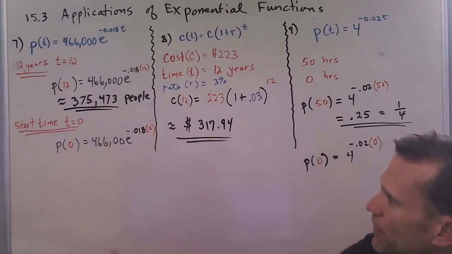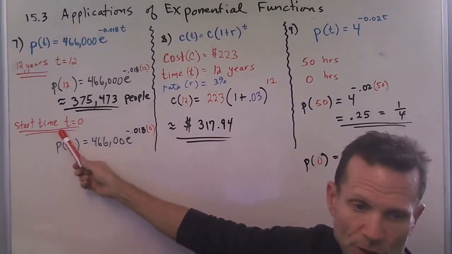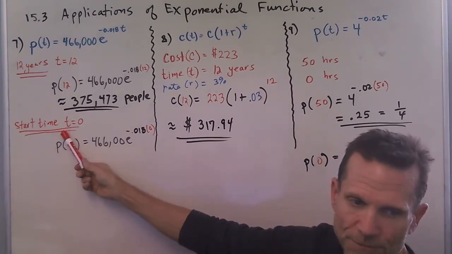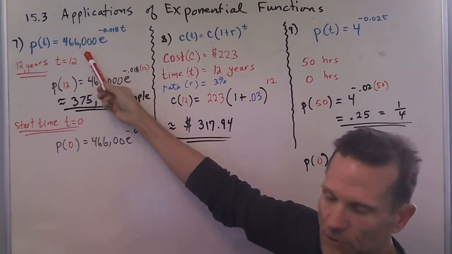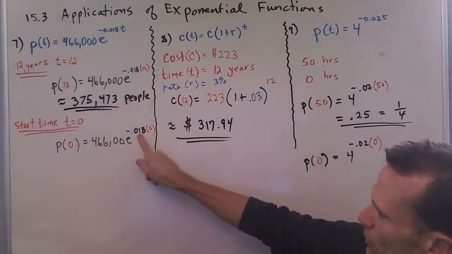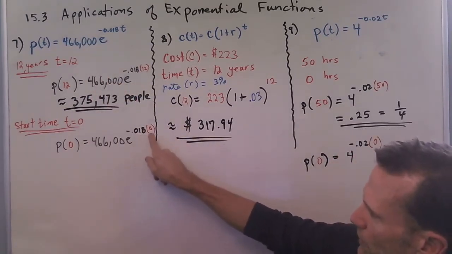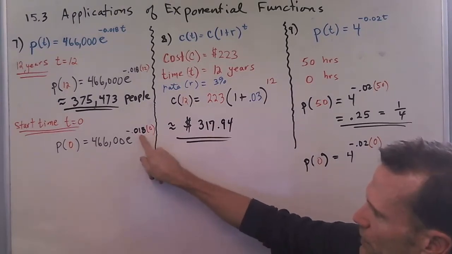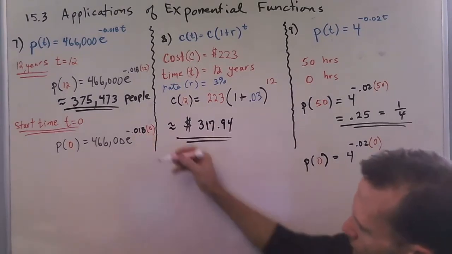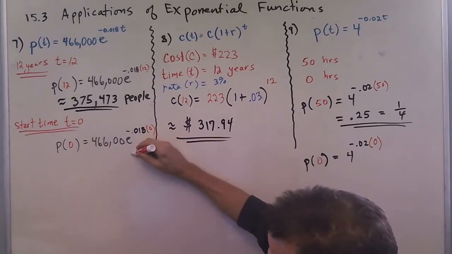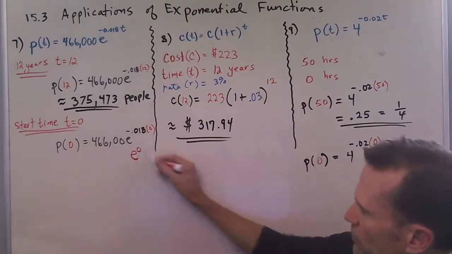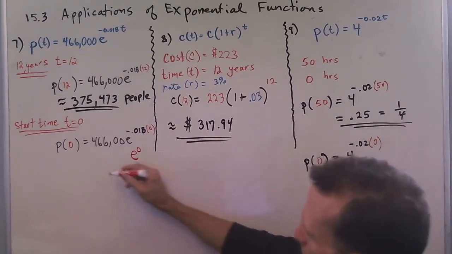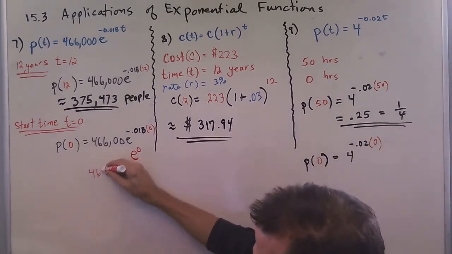Okay, and then if they would ask you what's the population at start time, you'll get familiar with this, that it's going to be this 466,000 people. But if you take a look at this, we put 0 in here, we get an exponent of 0. And remembering that e to the 0 power is equal to 1, what I'd have is 466,000.